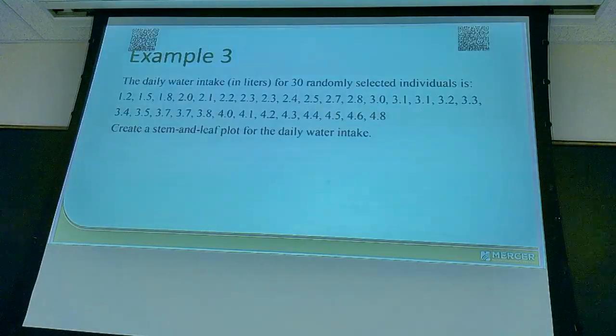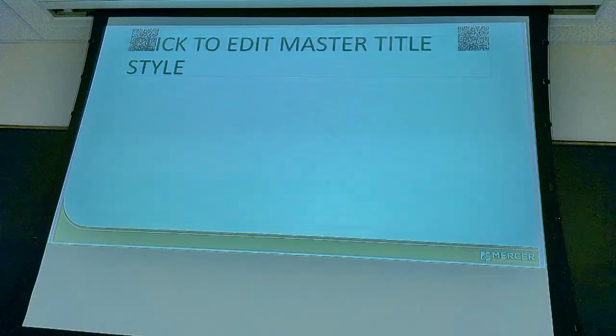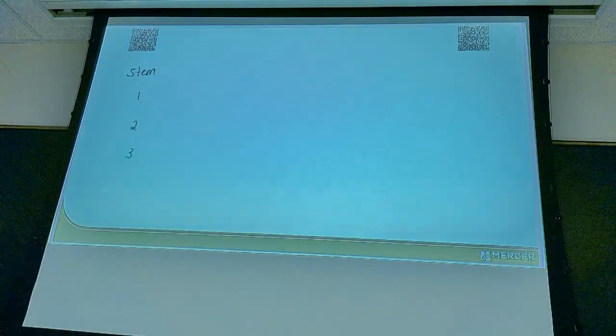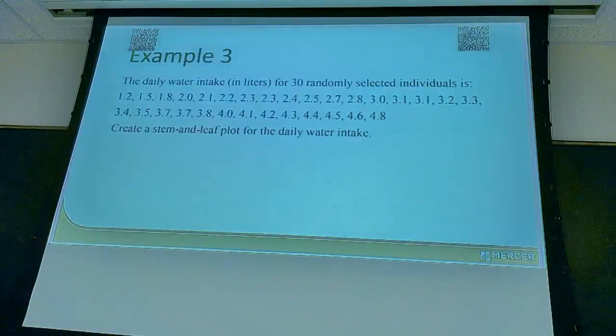How many stems do we have? What are they? 1, 2, 3, 4. Once again, that is in ascending order for us, which is nice.